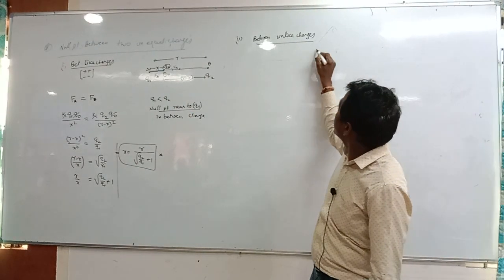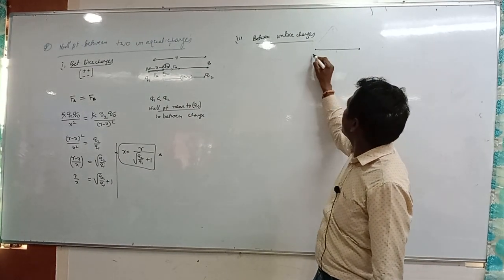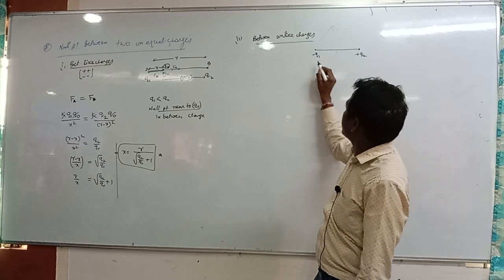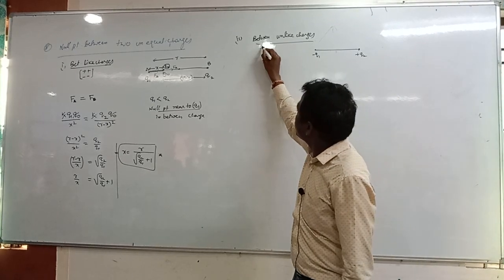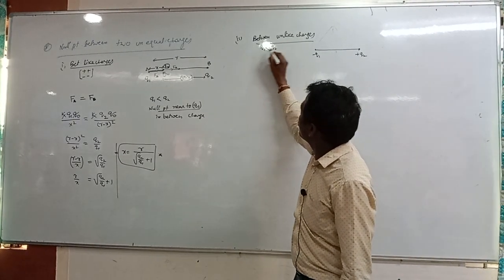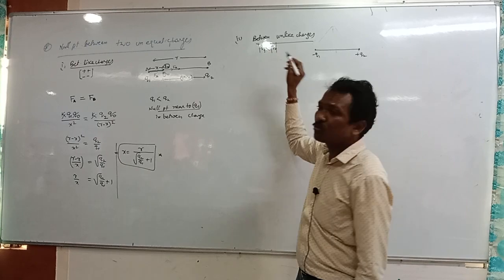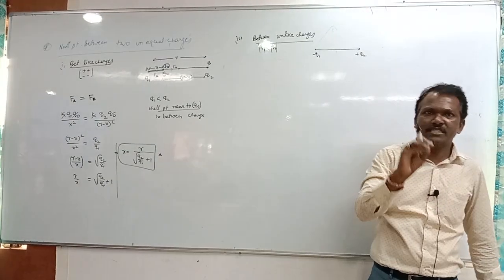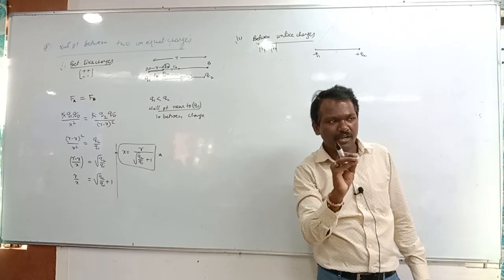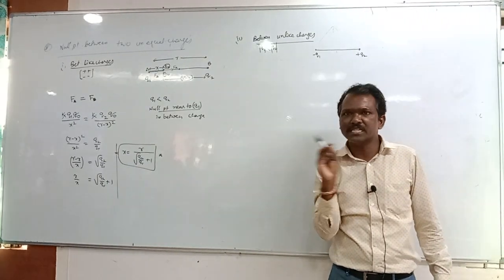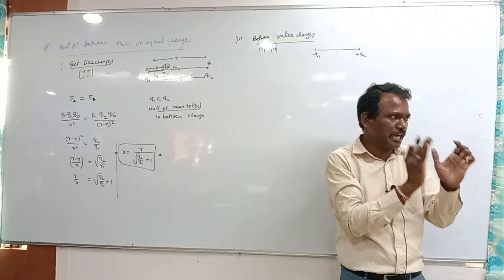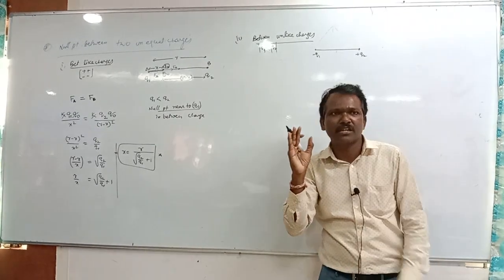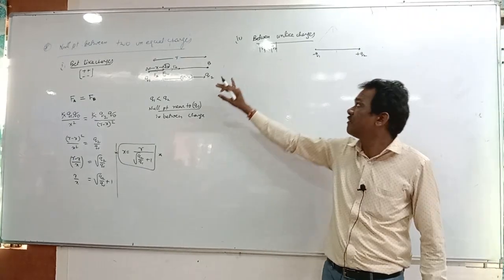For unlike charges, it is outside, minus q1 and plus q2, isn't it? Here q1 is less than q2. We have to consider the magnitude of charge. Don't consider the minus sign. I will take it as the smaller charge. Whether it is a negative or positive charge, whatever it is, the magnitude of that charge should be small.